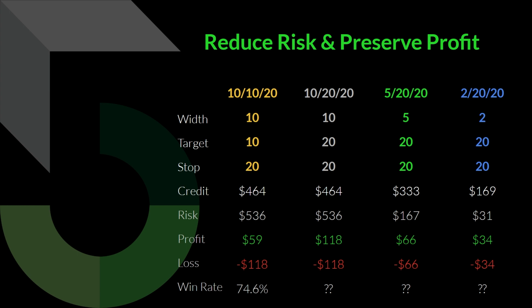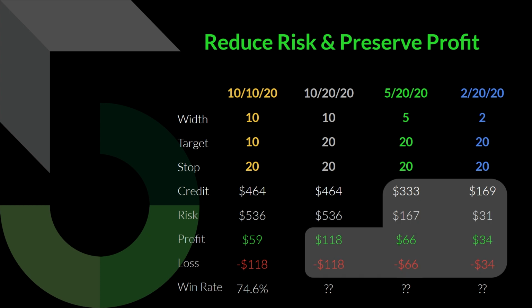And the way that I'm getting that $34 profit target is because 20% of the credit, well, first of all, 10% of the credit is about $17. So 20% of the credit is going to be about $34. So $34 in profit, theoretically, and also a $34 loss, theoretically.